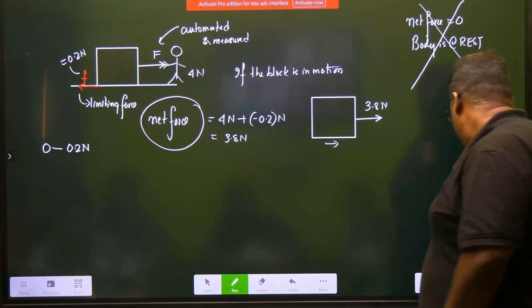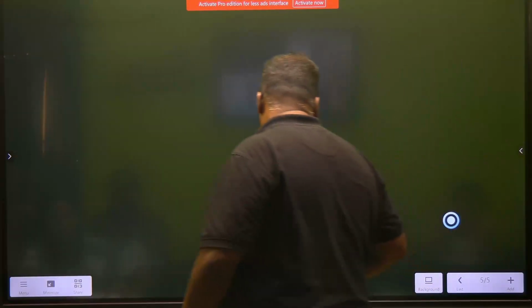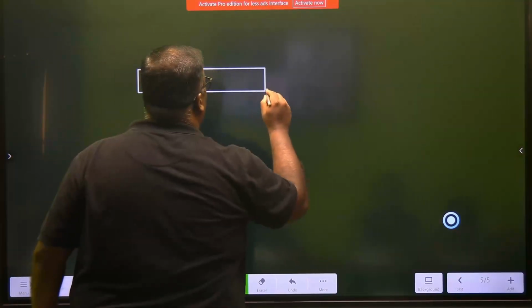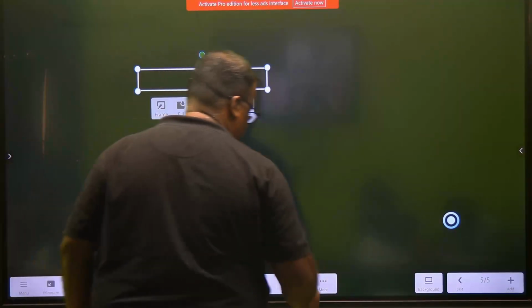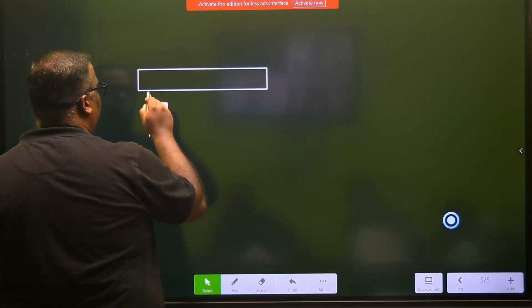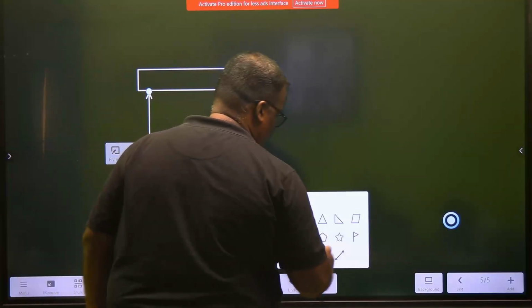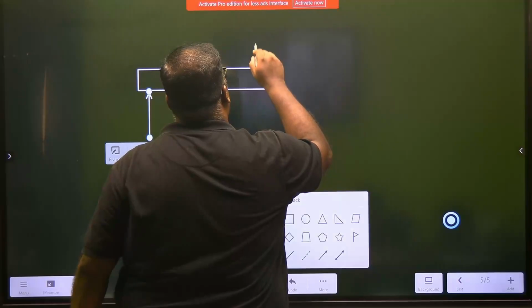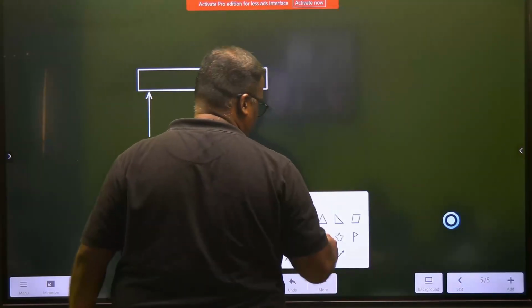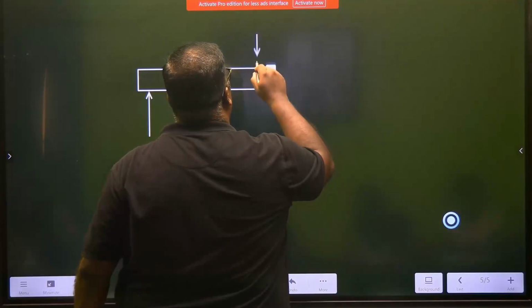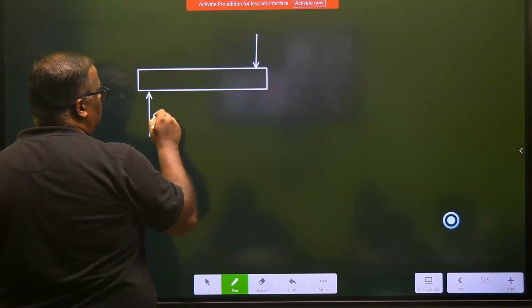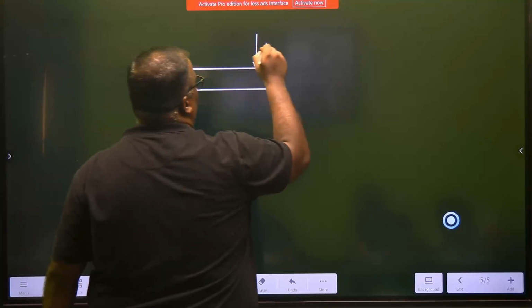Let's see some more examples now. Let's take an example. See a ruler sort of a thing, right? See this scenario. 4 Newton, 4 Newton.